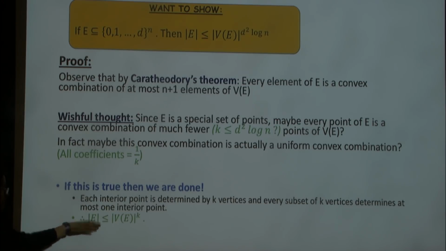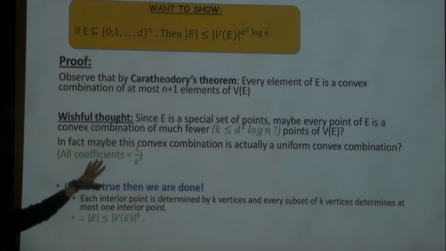So the number of interior points can be at most the number of corner points to the k, because there is this injection from here to here. Every interior point you could have associated with it some k tuple of corner points, which determines it. So this would have been enough.